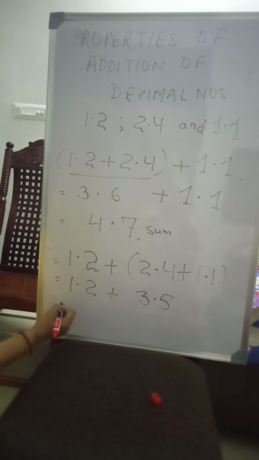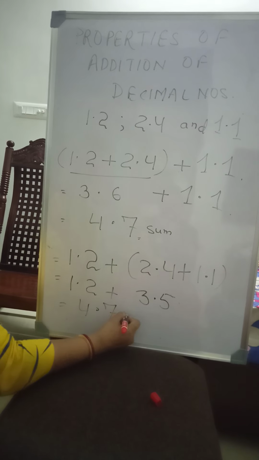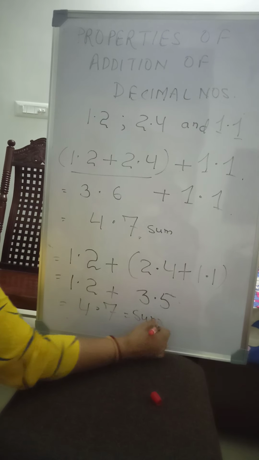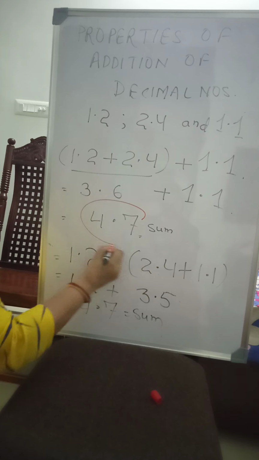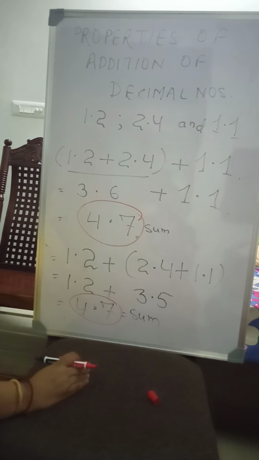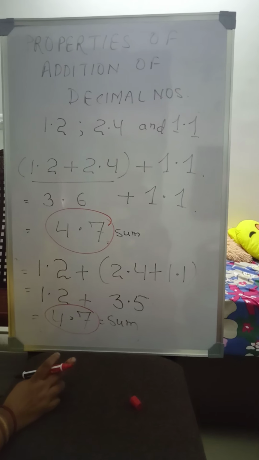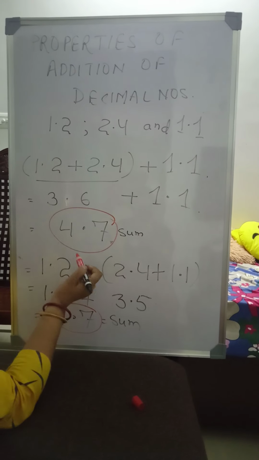Now add these two addends, it is 4.7. This is the sum. So whenever we change the grouping of the addends, the sum remains the same.